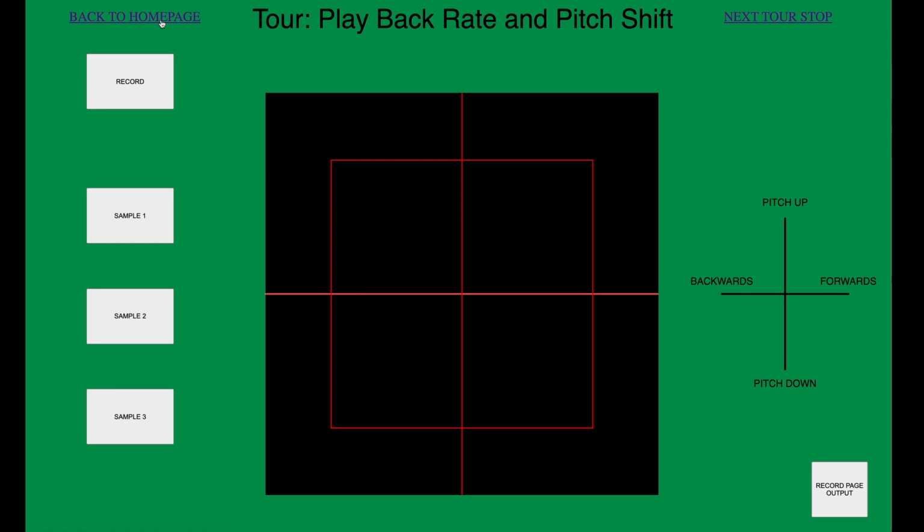So each of the 4 stops on the tour, you can record your audio in through your computer microphone, and you can record the audio out from the website itself. So if you want to hear your voice backwards, just record it in.